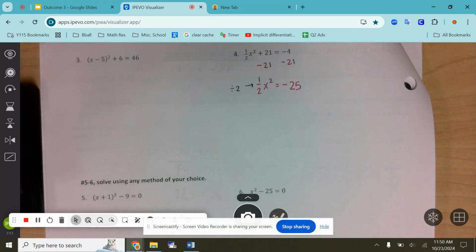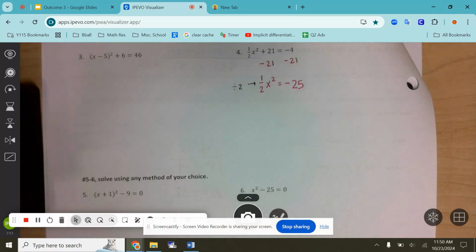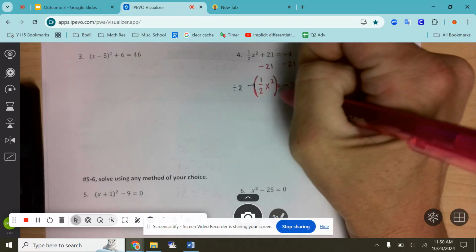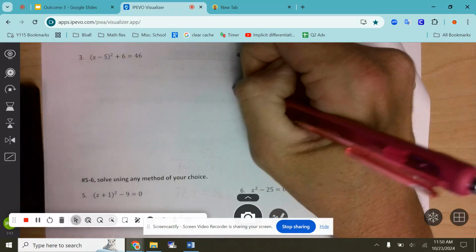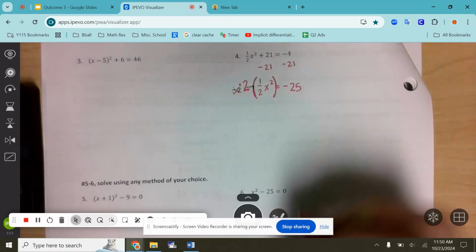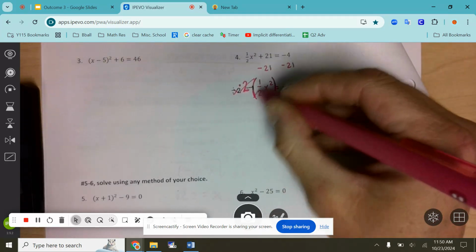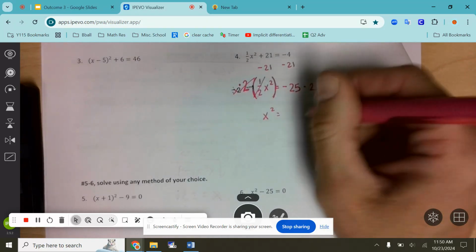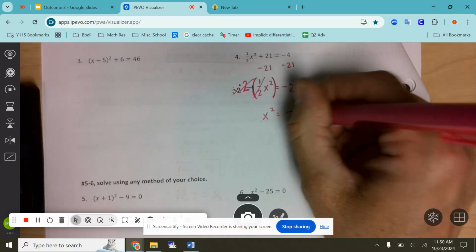Multiplying by 1/2 is the same as dividing by 2. So think about, how can I get rid of dividing by 2? And the answer is multiplying by 2. So I prefer, instead of dividing by 1/2, to multiply by 2. And that's going to make my 2 and my 1/2 go away. I would do the same on the other side, and negative 25 times 2 is negative 50.